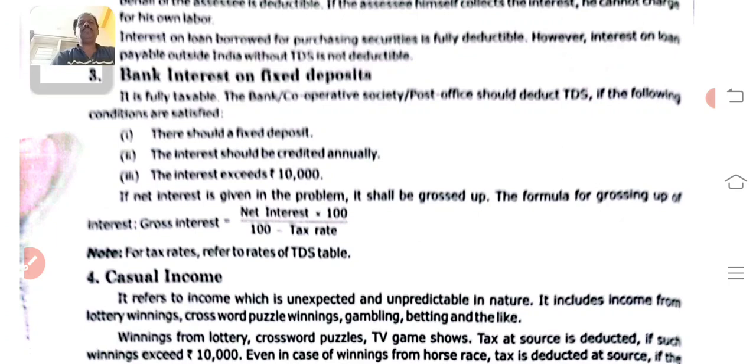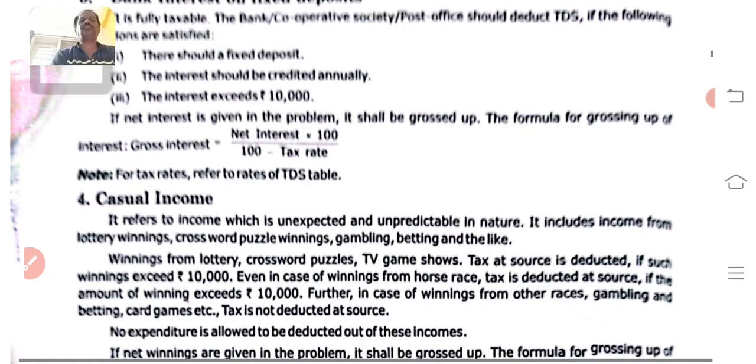The interest should be credited annually. The interest exceeds rupees 10,000. If net interest is given in the problem, it shall be grossed up. The formula for grossing up interest: gross interest is equal to net interest into 100 divided by 100 minus tax rate.